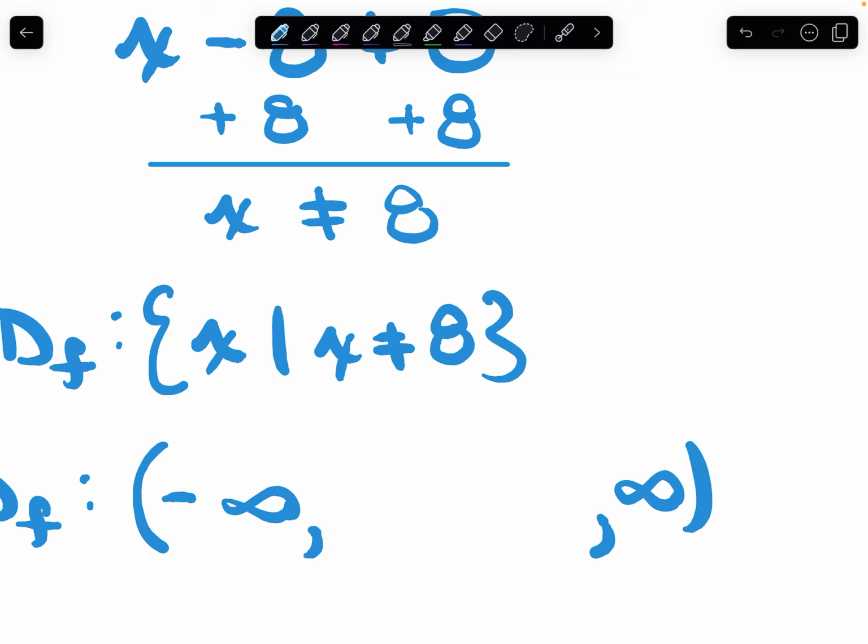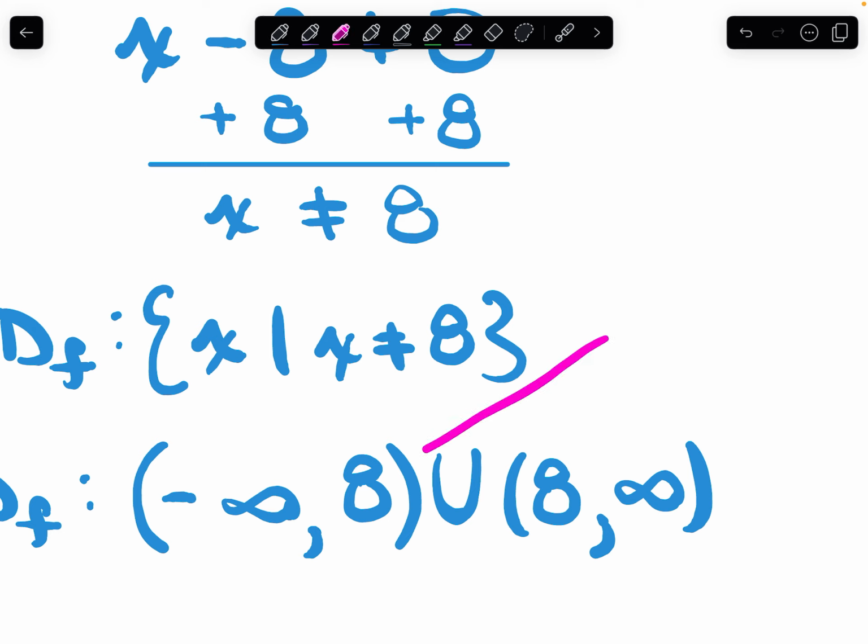The only thing I am not allowed to be on is the number 8. So I am simply going to stop my intervals at 8 and exclude 8 on both of them and hop over. Anytime we have multiple intervals, we put the symbol U in the middle, which is your union. That means or. So you're saying you can be in this interval below 8 or in the interval above 8.